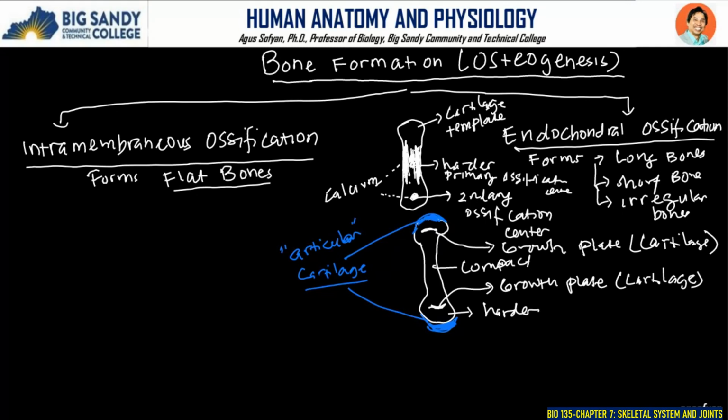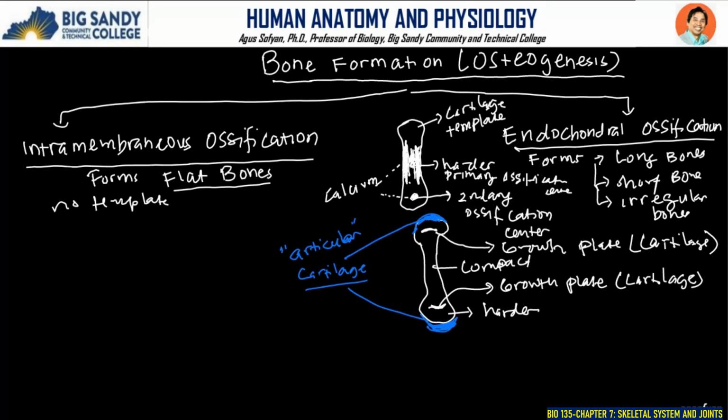Okay, it's made through the process called endochondral ossification, and it always starts with a template. There is always a template for the long bone and short bone. Okay, they're made by endochondral ossification. For intramembranous ossification, there is no template. No template.